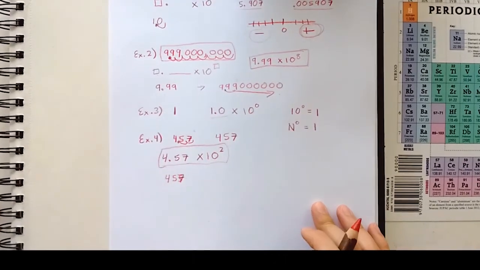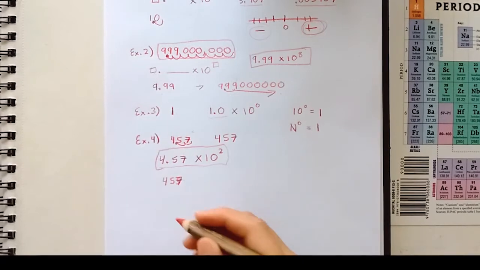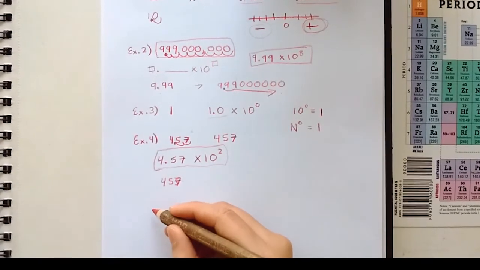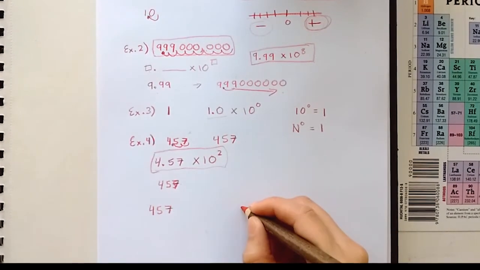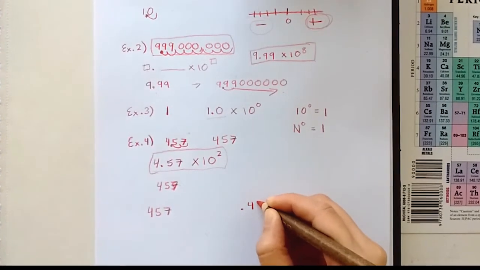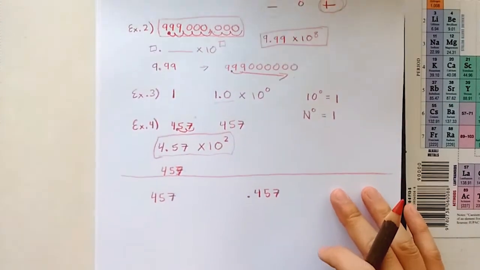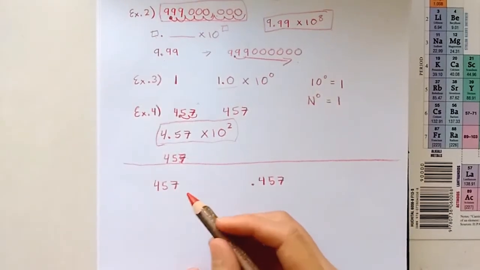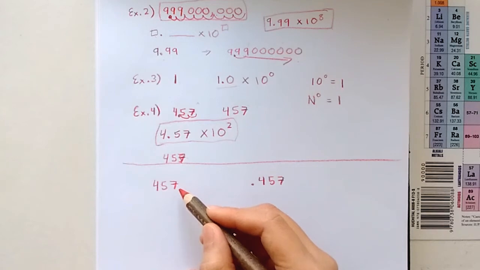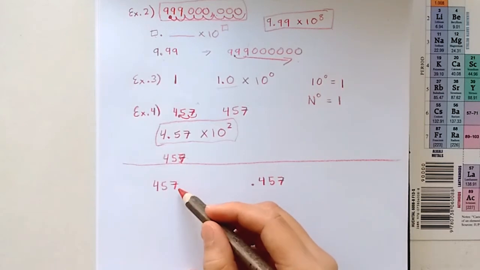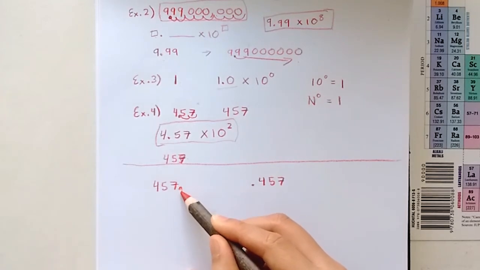Another way of looking at this, if it helps, is, let's just take this example again. If you have to move the decimal point to the left to get scientific notation, the point is here originally, but it has to move to the left.